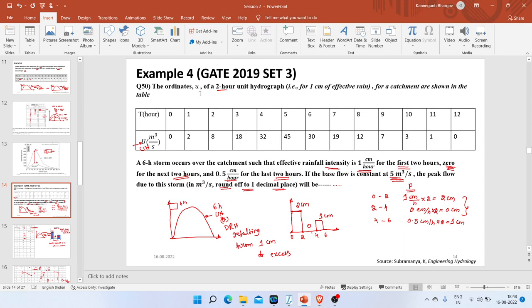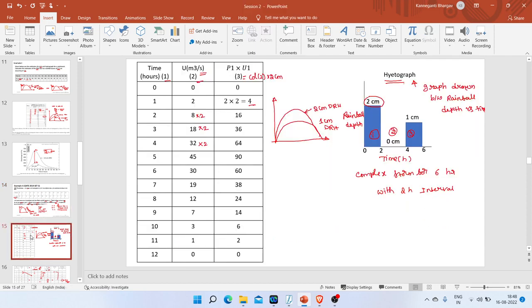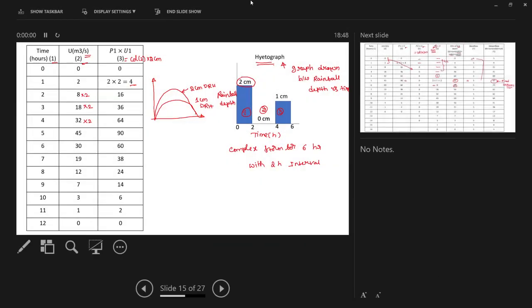In this question they have given a 2-hour unit hydrograph and a 6-hour storm. Carefully look at it, they told that the rainfall intensity is constant for 2 hours. Then they ask you to calculate the peak flow. So now you identify the, let me put this more into the screen.